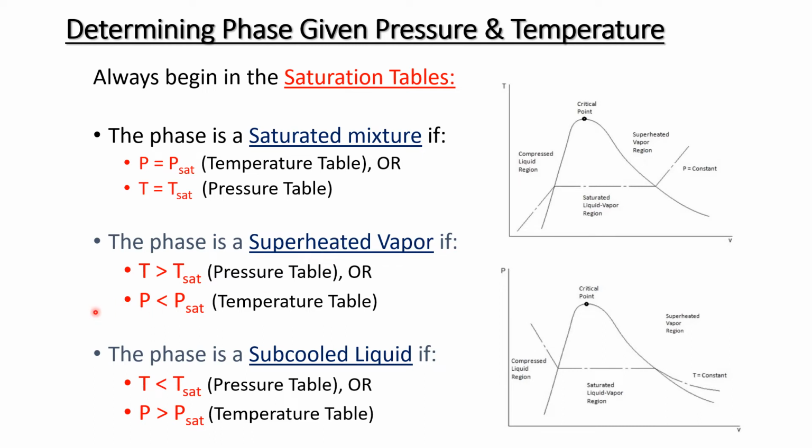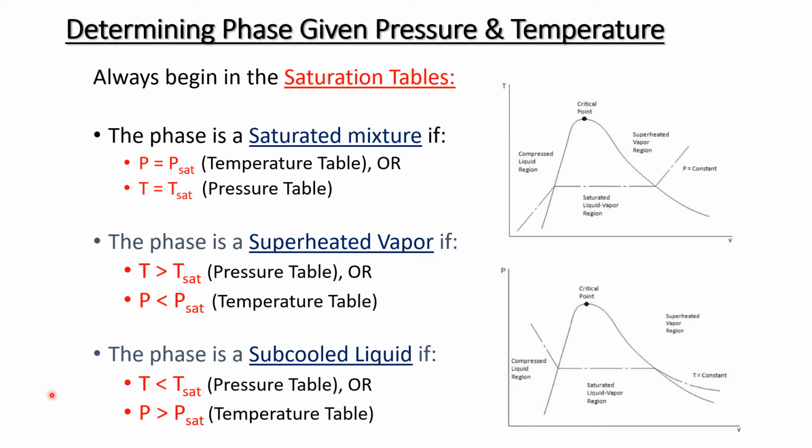Likewise, if I'm looking at pressure and I find the pressure is less than the saturated pressure, that lower pressure will also expand my imaginary sphere of saturated mixture, and that will also flash it into vapor. And so I know that if either one of these things is true, my imaginary sphere expands into superheated vapor.